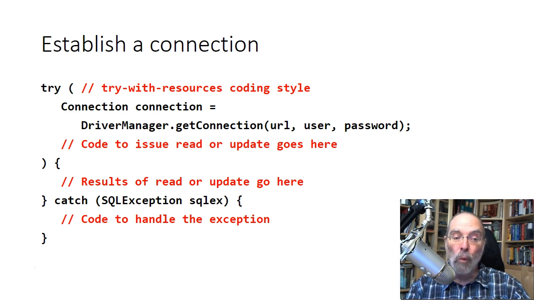This means that when the entire try block finishes, or even if an exception is thrown and we jump to the catch rather than just finishing the try, the close method of connection will be called. It effectively makes it impossible to forget to close, to leave, as I used to say when I was a young man, leave the phone off the hook. Try with resources eliminates that.